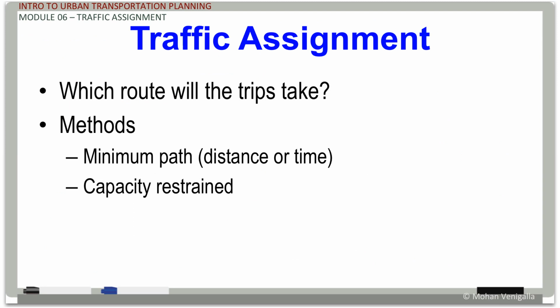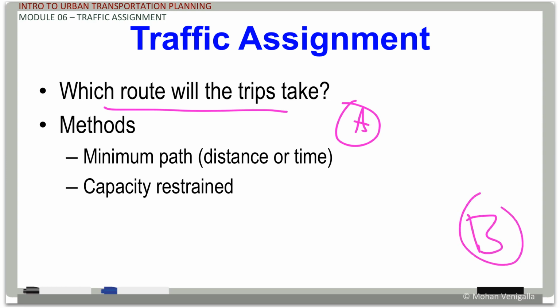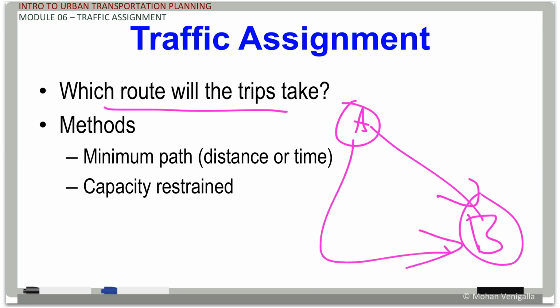So what we want to know is, if you have traffic from A to B, which route will they take? Do they go this way, or this way, or this way? That's the question. So what if everybody takes the same route?